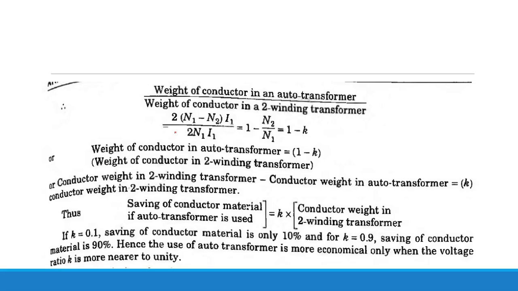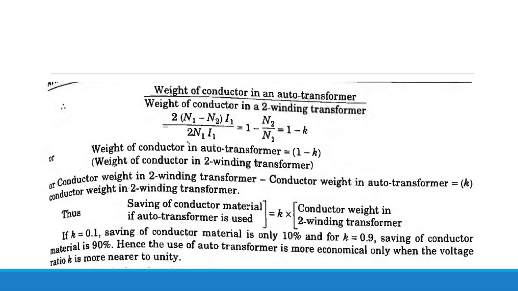We have calculated the weight of conductor for the auto transformer and the weight of conductor in the two winding transformer. So substitute their values. We get 2 into N1 minus N2 into I1 divided by 2 into N1 I1.